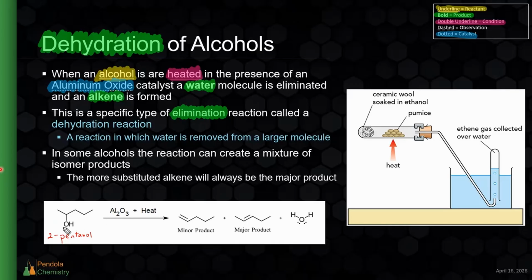What happens is that the hydroxyl group gets removed, and it pairs up with one of the hydrogens on the carbon next door to create our water molecule. The carbons where the hydroxyl group is and the hydrogen that's removed are going to be linked together by a double bond when that happens.